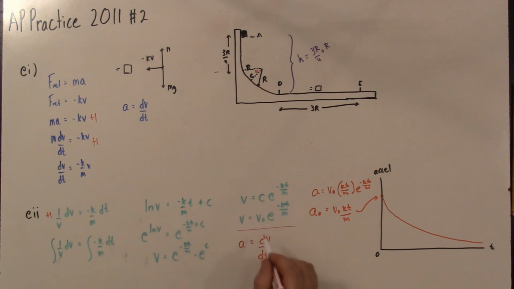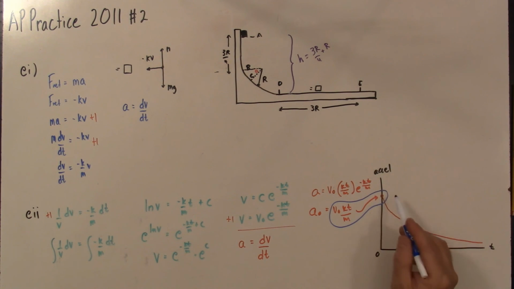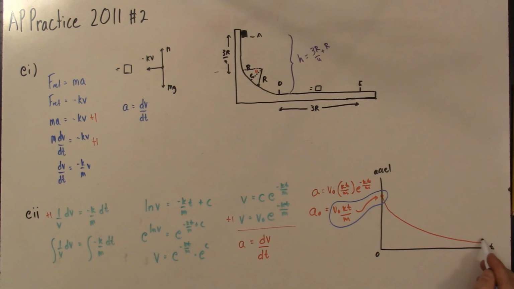And then for doing the calculus, you get another point. And then over here, there are 3 points: one for getting the correct value here, one for asymptotically approaching, and one for concave down. So the graph was 3 points. And that's 2011 number 2.